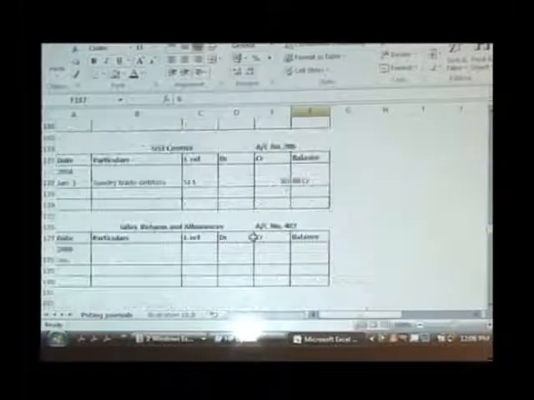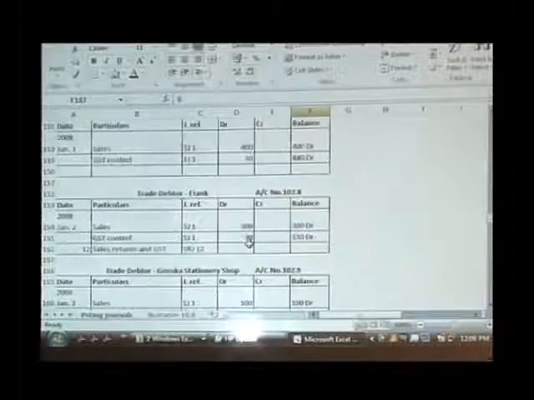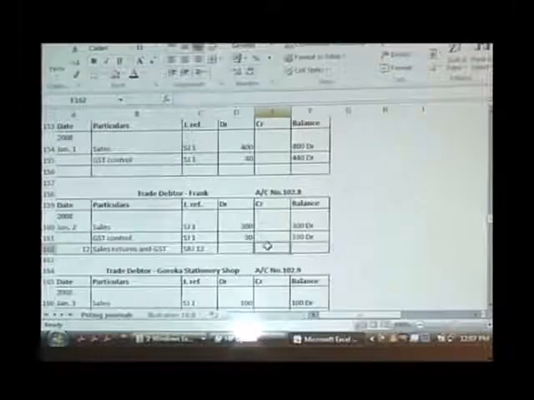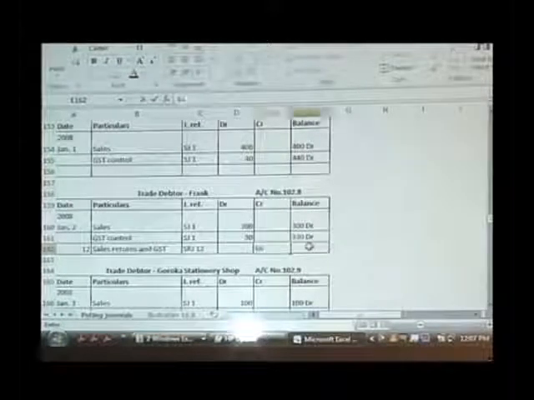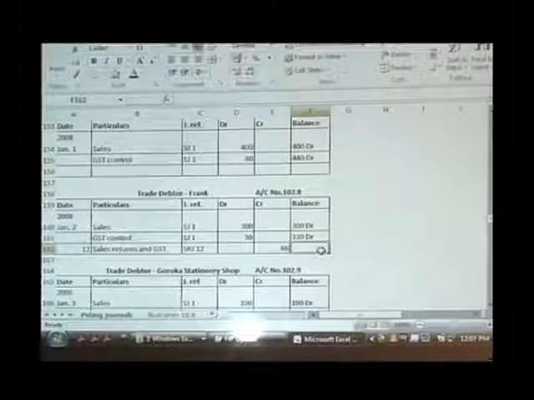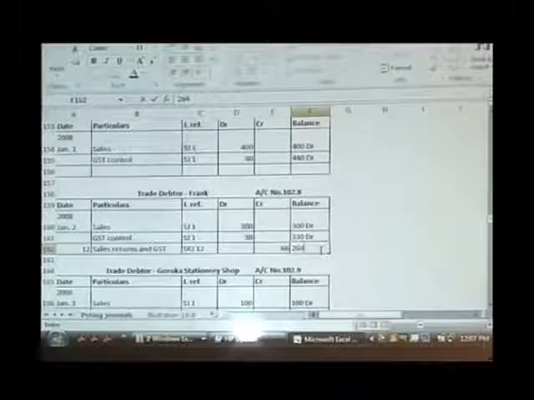So 66 can be posted straight away rather than making two entries. $330 minus 66 gives us 264 debit.